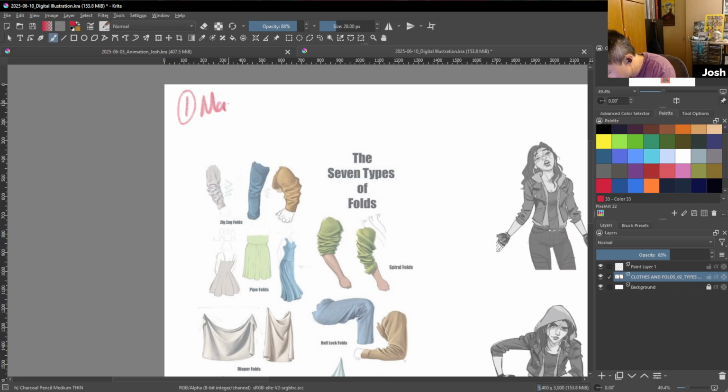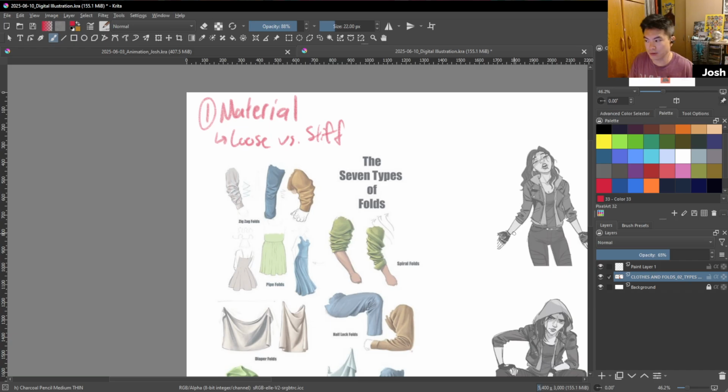It's like material, so material can be loose versus stiff. Things like cotton or silk or linen are really loose, meaning that they'll have more folds.